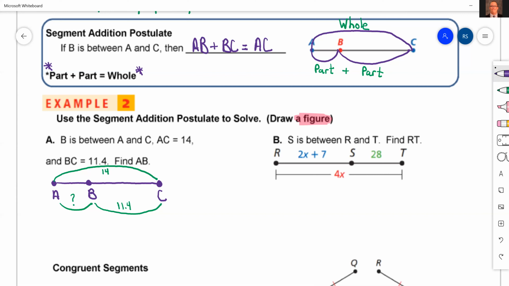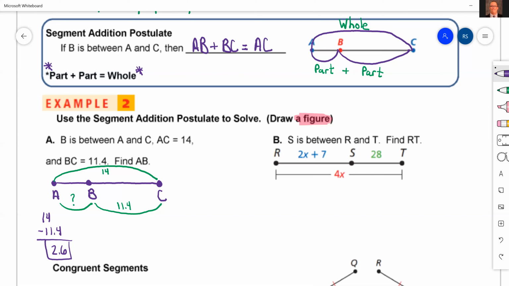Can't you just do 14 minus 11.4? Absolutely. So if you wanted to say 14 minus 11.4, let's see, what would that give you? 2.6? You could do that. That'd be your answer, 2.6.